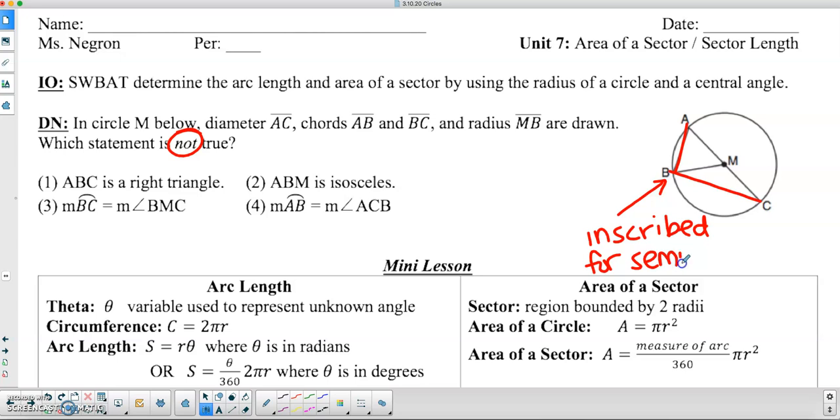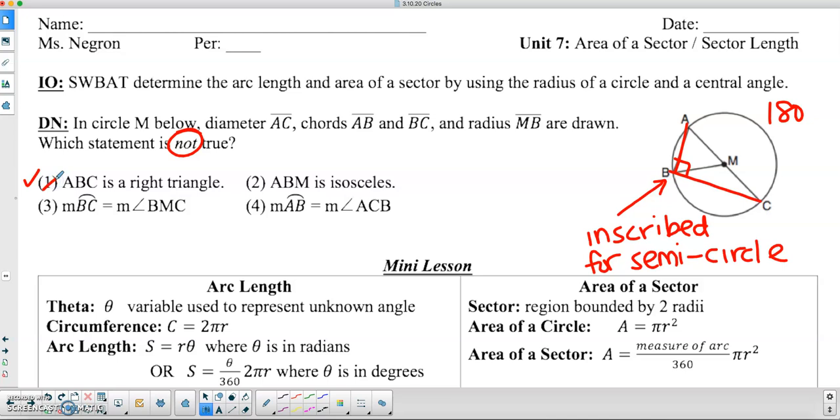So because it's inscribed for a semicircle, I know that because I have the diameter of AC, the arc here is 180 degrees. And because our angle is inscribed, half of that is 90. So angle ABC is actually a 90-degree angle, making choice 1 a true statement. Therefore, it is not our answer.